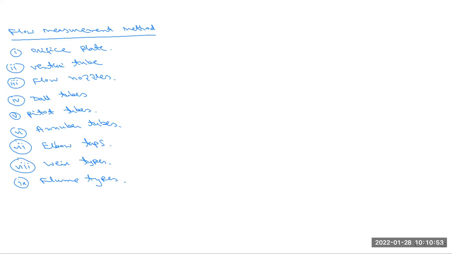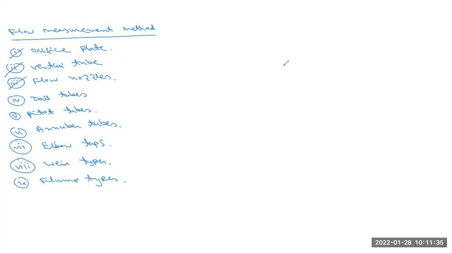Okay, so these are basically the different processes of flow measurement. But these first three, orifice plate, venturi tube, and flow nozzles, are very important and widely used in our process control industry. Another types that are also available: Pitot tubes, Annubar tubes, elbow taps, weir type, or flume type of flow measurement methods. So these are basically the primary methods, these 1 to 9, of flow measurement.